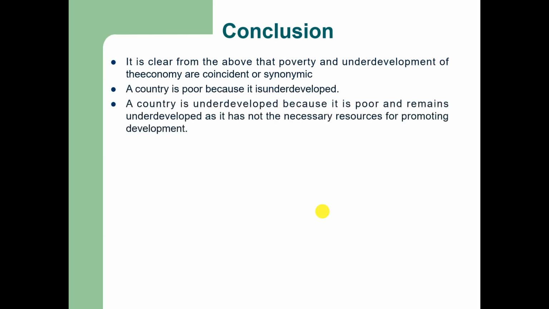A country is underdeveloped because it is poor, and remains underdeveloped as it does not have the necessary resources for promoting development. In fact, poverty is self-perpetuating, and that is the reason that the vicious circle of poverty in the majority of less developed countries cannot be broken.